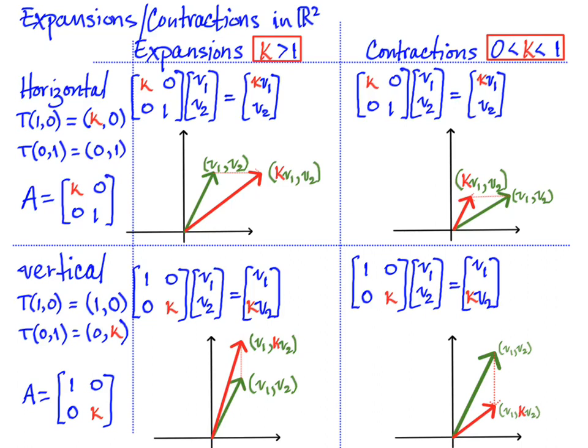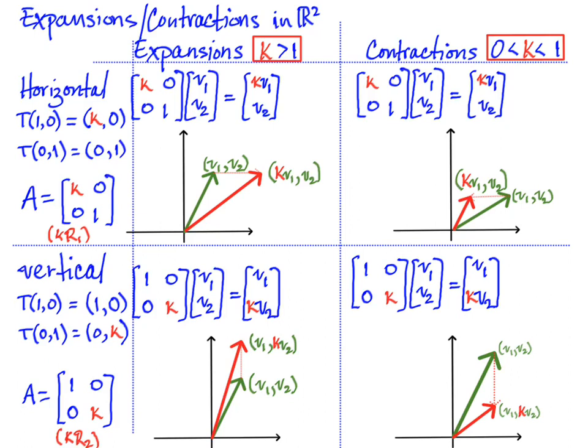Sorry, so this is the elementary matrix that you get by multiplying k times row 1. And then the other one is the elementary matrix that you get by multiplying k times row 2, multiplying the second row of the identity matrix by k.